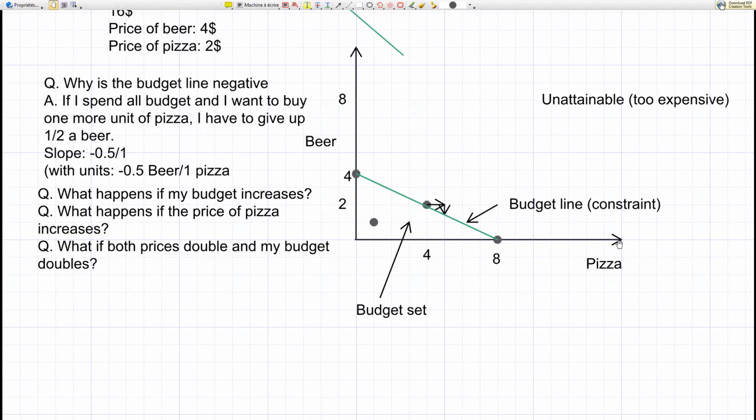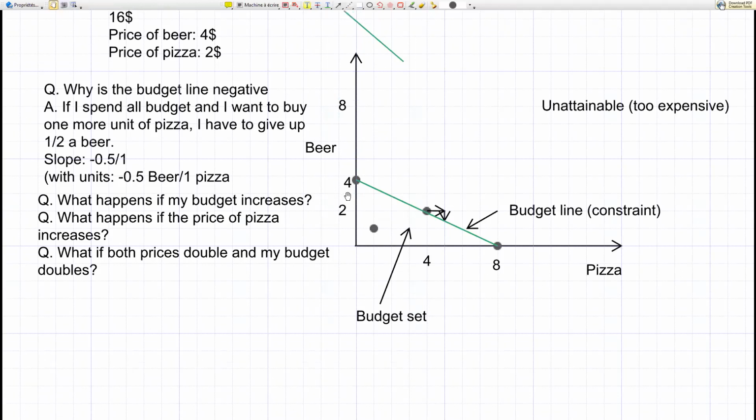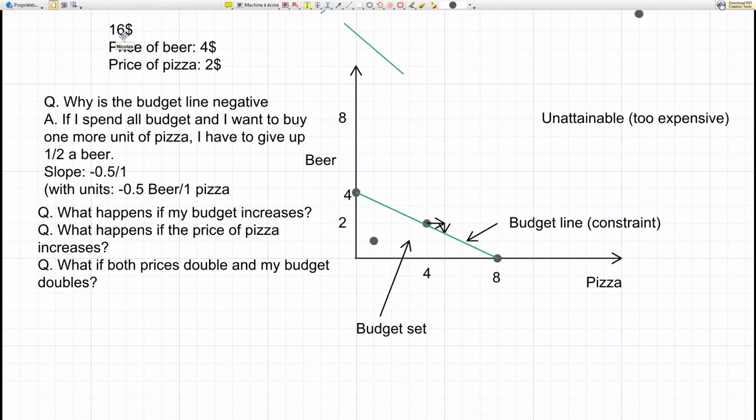How many pizzas can I buy if I don't have a budget of 16 but 32? Yes, I think it becomes more negative. Why is that?